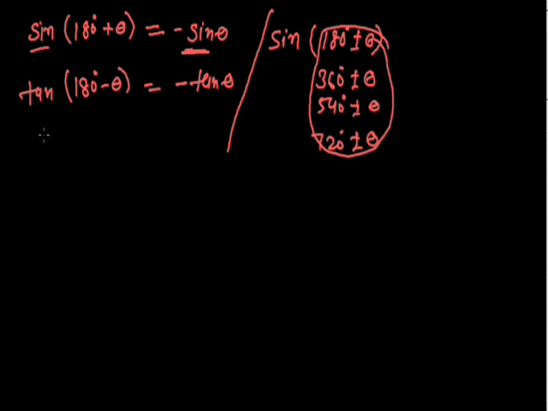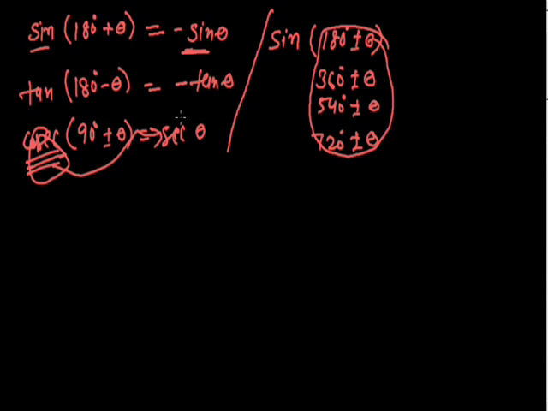But if the angle is an odd multiple of 90, that means 90 plus minus theta, then the ratio will change to its complementary ratio, that means sin becomes cos, tan becomes cot, and cosec will become sec.